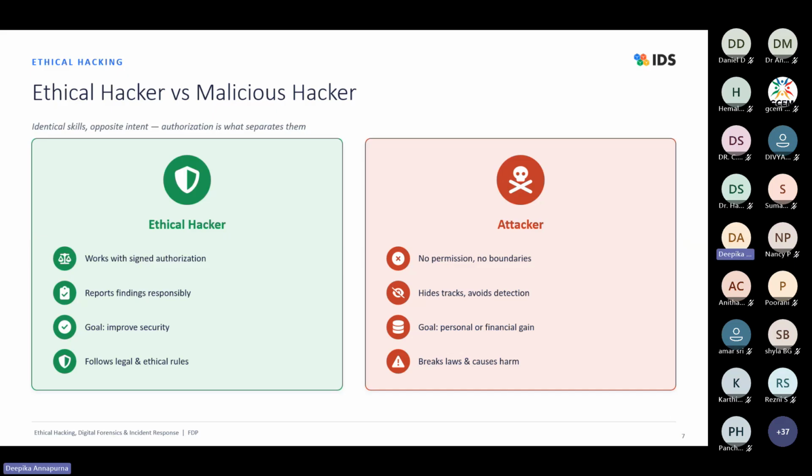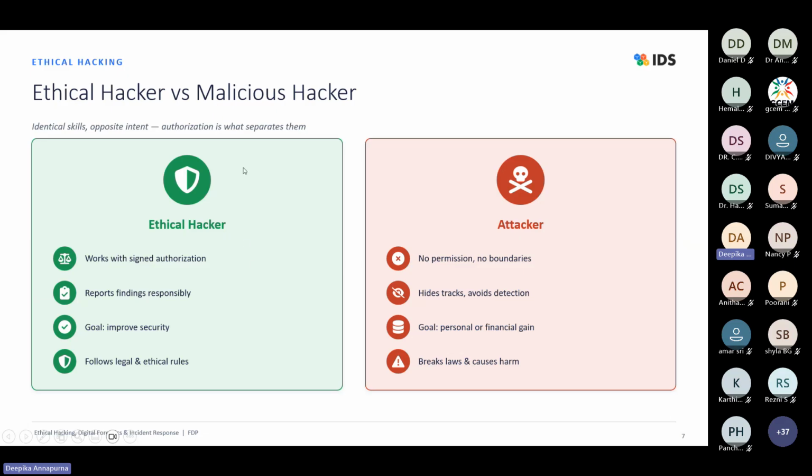So what is ethical hacking and what is malicious hacking? Ethical hacker and malicious hacker both have identical skills, right? They both have the same technical skills. But the ethical hacker works with signed authorization from the organization. What will the attacker do? He will not have any permissions or any boundaries. He will try to attack or do bad to the organization.